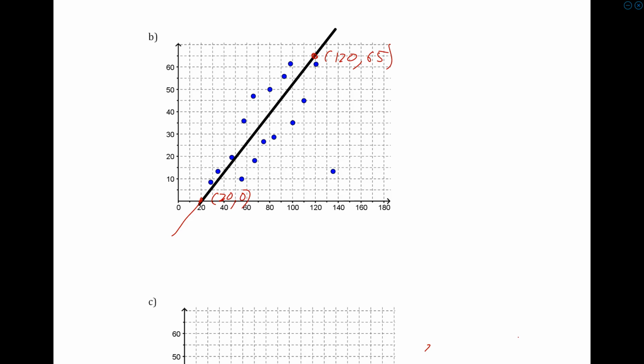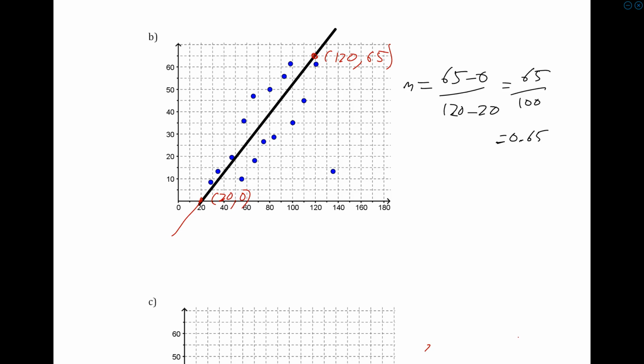So I'm going to have to find that using math. Oh, I hate math. So first we'll try doing our slope. Our slope is 65 minus 0 over 120 minus 20, so we end up with 65 over 100. Okay, so now let's think about this.